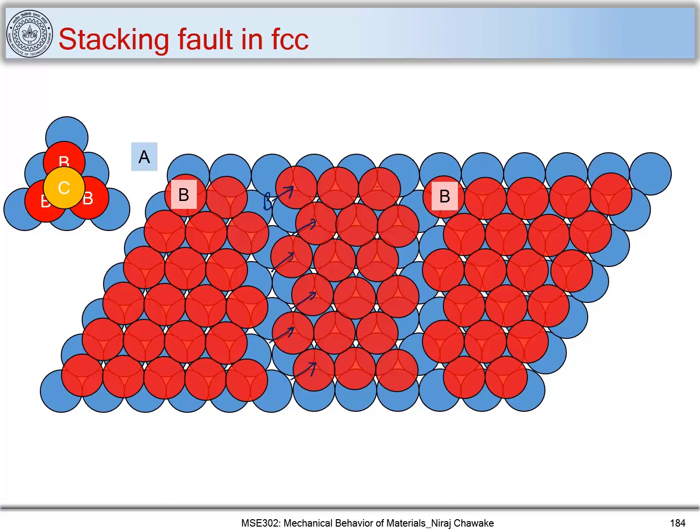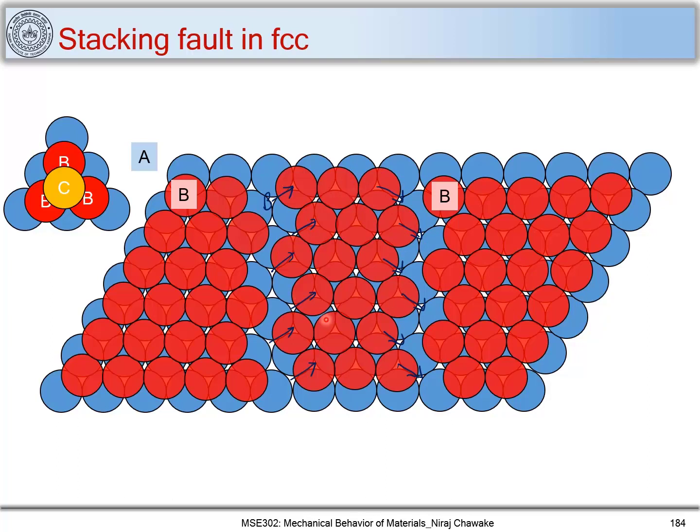If this position wants to be on the ideal B position, they should move in this way. So these atoms have been moved in this way, and these atoms should move in this way so as to make this layer a B layer.